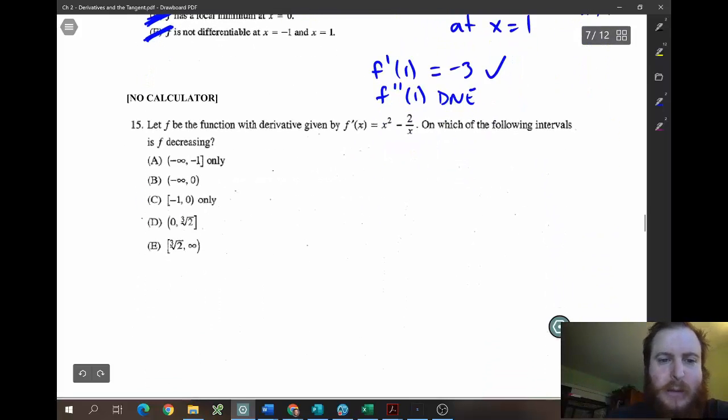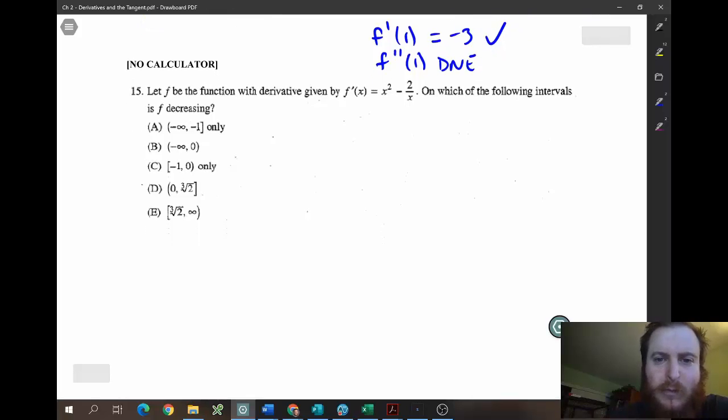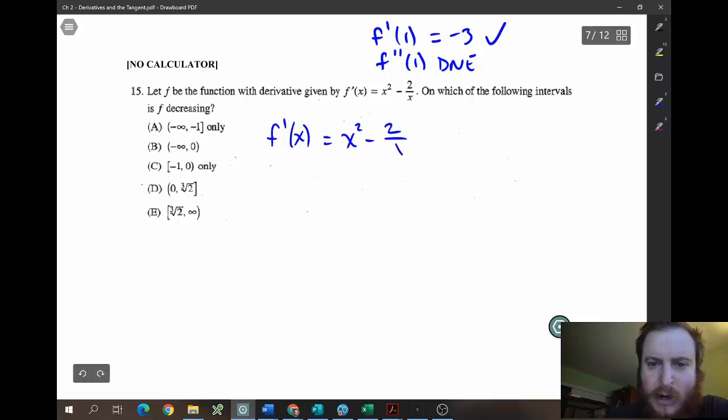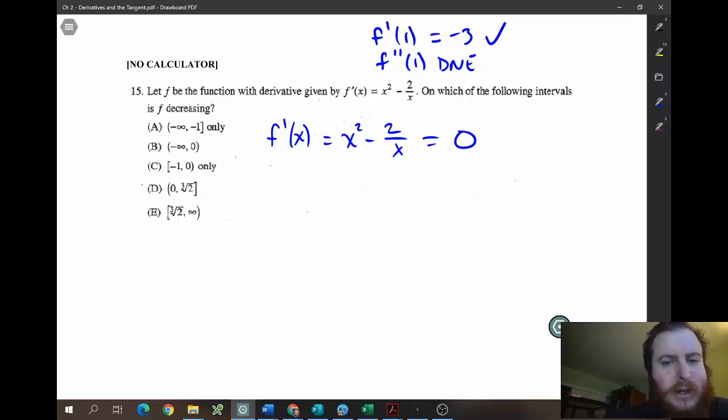All right, next one. I put no calculator on this. All of the ones that didn't say calculator were no calculator, but I just wanted to make sure that you tried this without a calculator. So we have the derivative f prime of x equals x squared minus 2 over x, and on which interval is it decreasing? So we're going to take f prime of x equal to x squared minus 2 over x, set that equal to 0. The reason this one is a little bit tricky is that we need to get this into a common fraction.